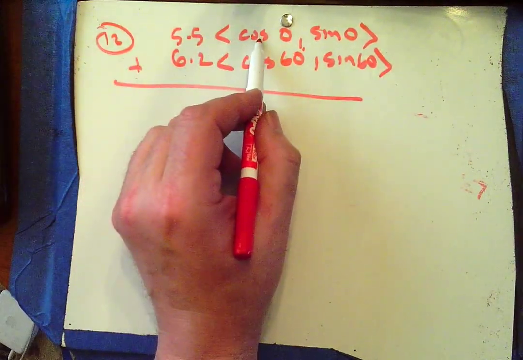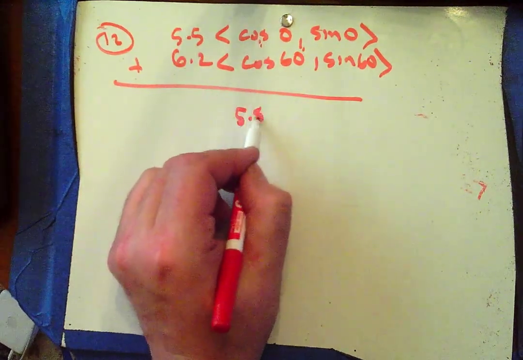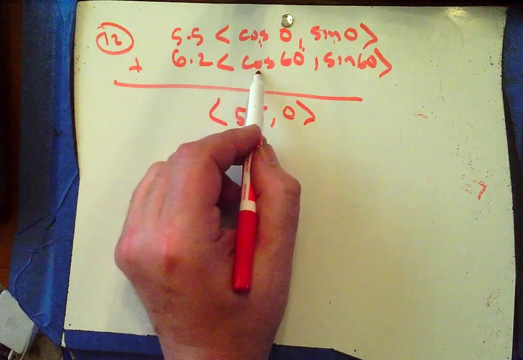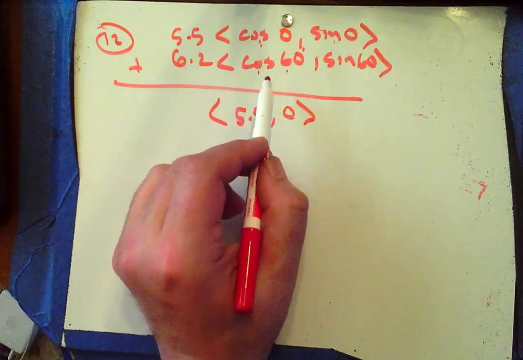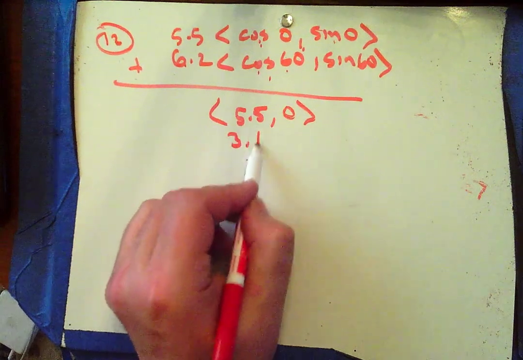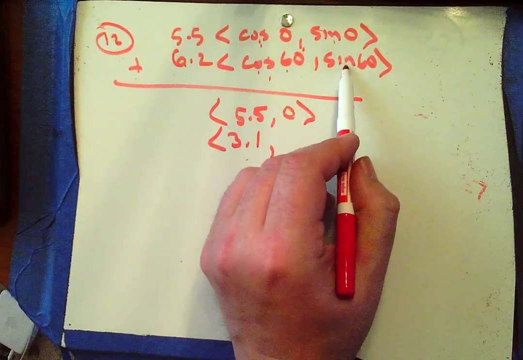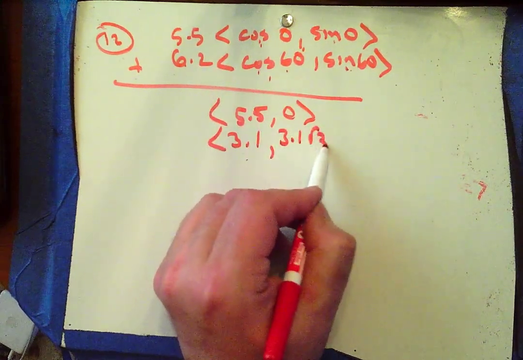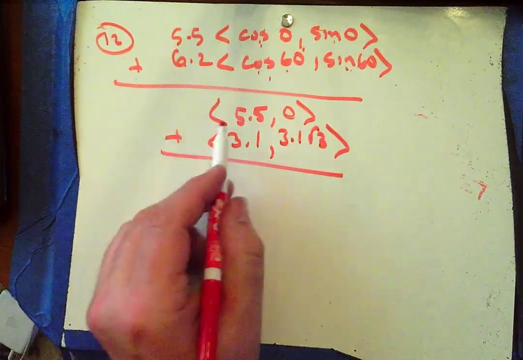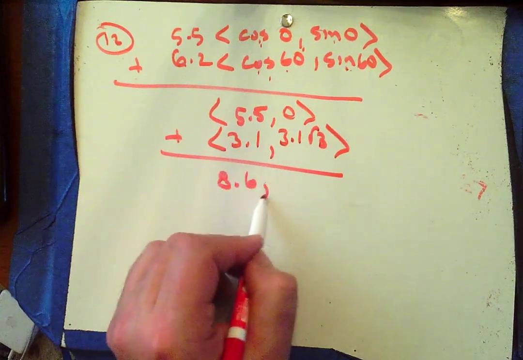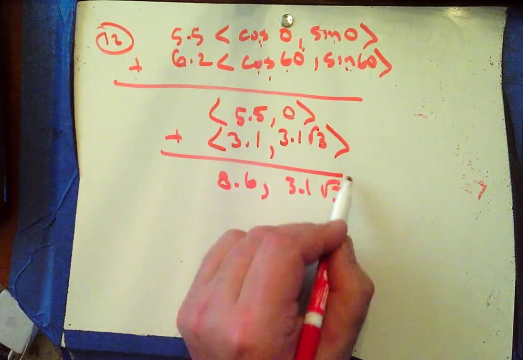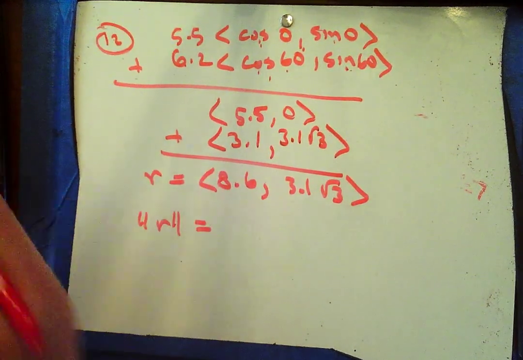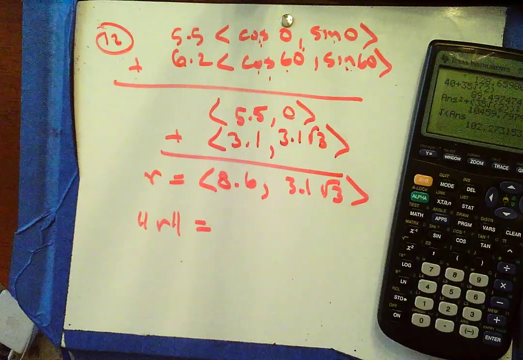Okay, cosine of 0 is 1, so we got 5.5, sine of 0 is 0, and then here, cosine of 60 is 1/2, so that's going to be 3.1, and sine of 60 is root 3 over 2, that's 3.1 root 3. So when we add these together, we get 8.6, comma, 3.1 root 3. That's r, and I want the magnitude of r, so I use the Pythagorean theorem on this.